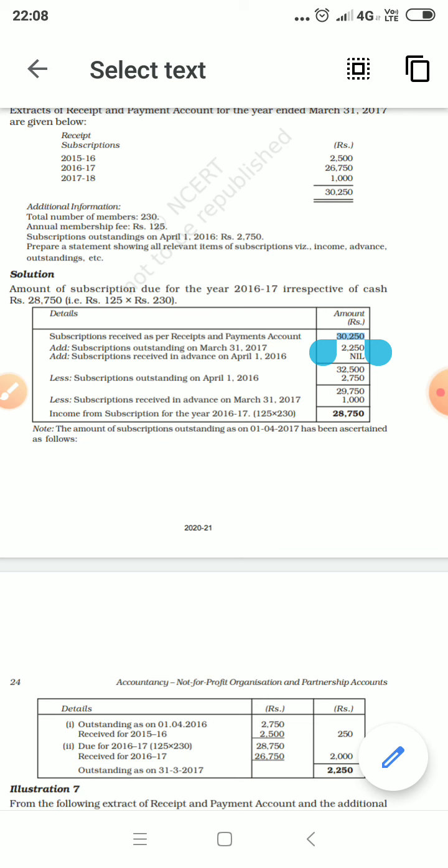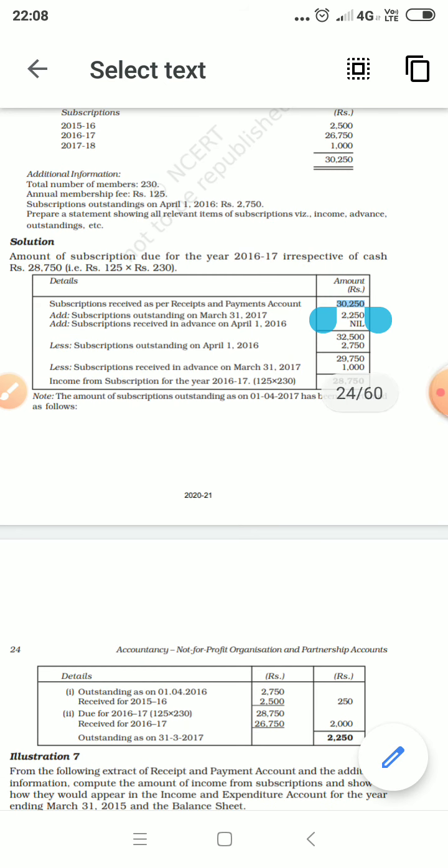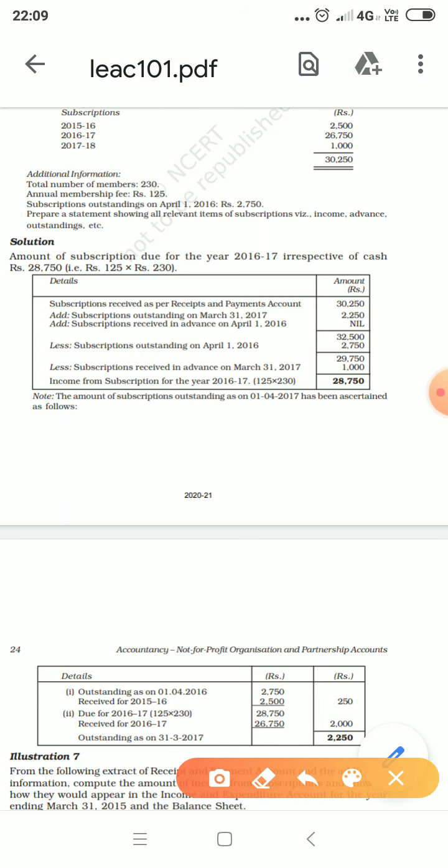Add subscription outstanding for current year. For current year means that which we have to receive during the current year, but we did not receive. So what is the outstanding subscription for current year? It is 2,000. So children, according to my formula, it is not on, it is for. So here I will be adding 2,000 rupees.